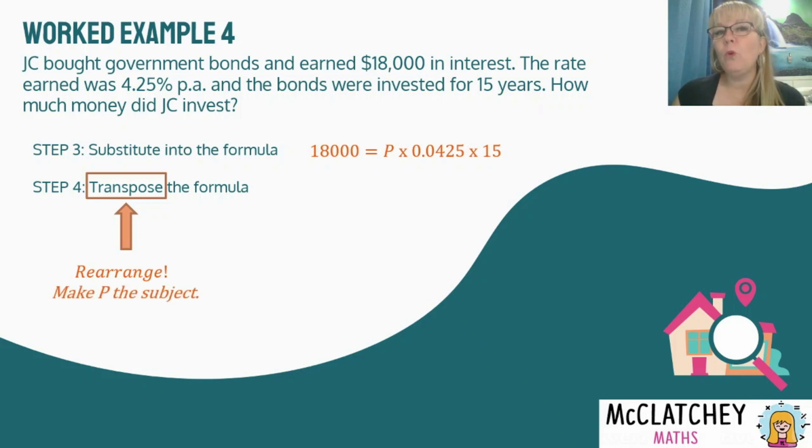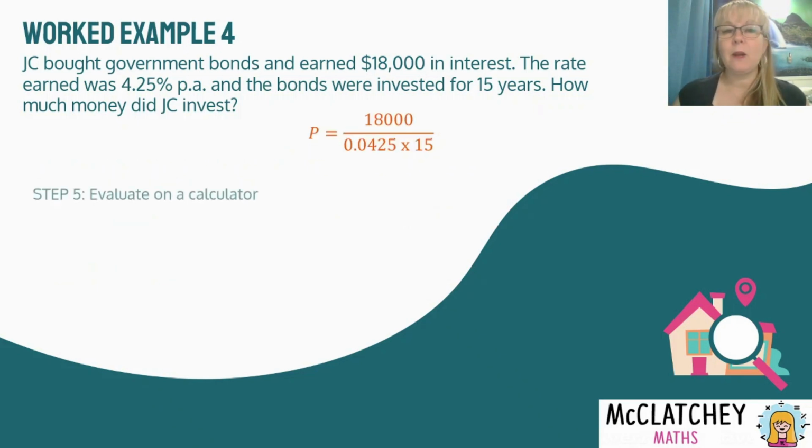That means P will be all by itself. So to do that, at the moment, P is multiplied by 0.0425 and it's multiplied by 15. To reverse the multiplication and get P alone, we're going to divide both sides of the equation by 0.0425 times 15. You can see I've done that there on the screen.